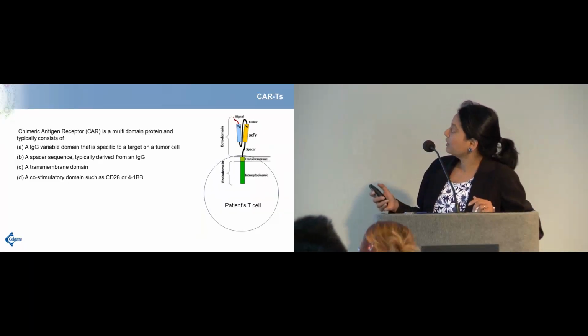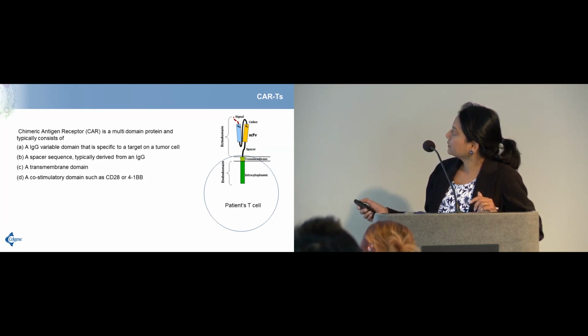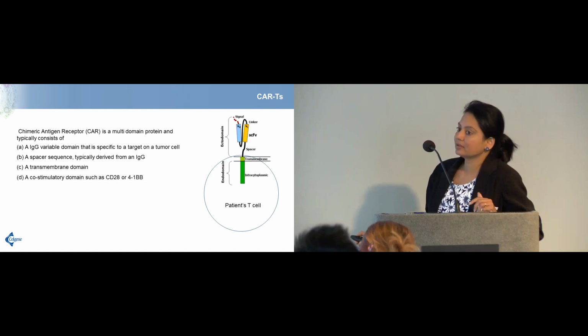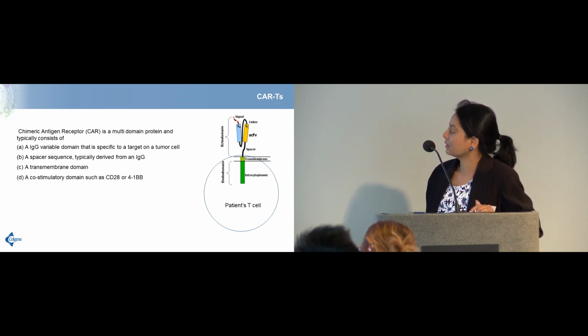So just a quick cartoon of what a CAR T looks like. This is a patient's T cell that has the CAR construct embedded on its surface. The patient's T cells are transfected with a virus that allows integration of the genomic gene sequence of the CAR construct into the genomic DNA, and then it's expressed and brought to the surface.